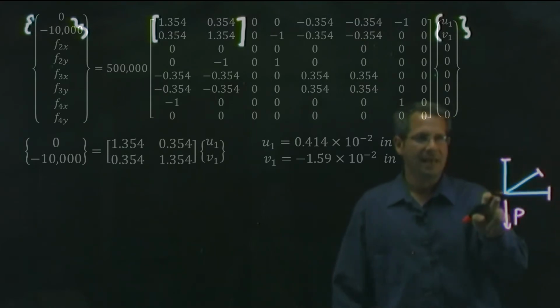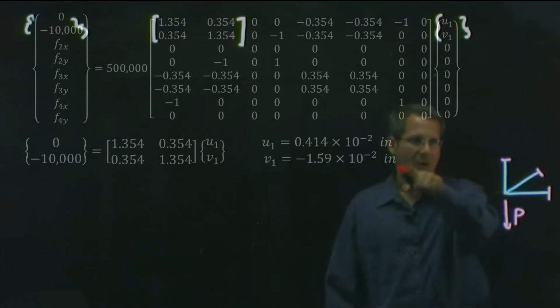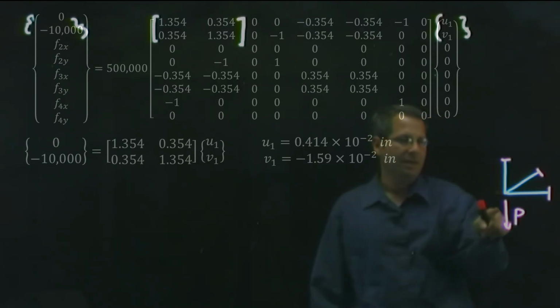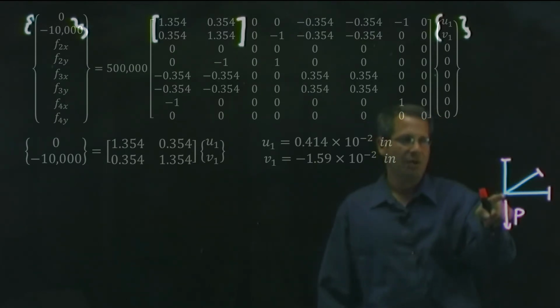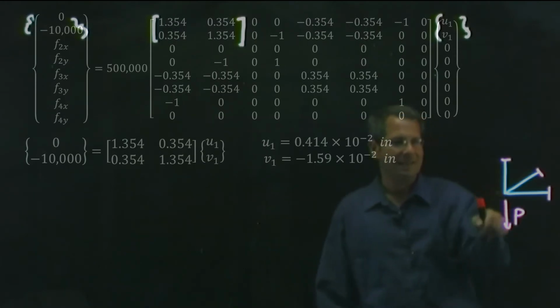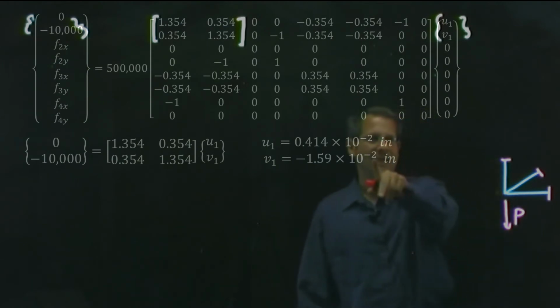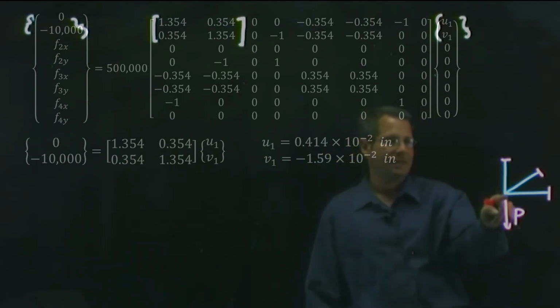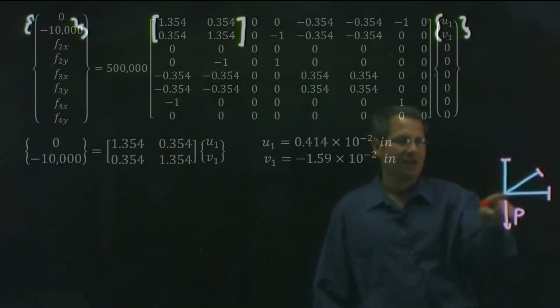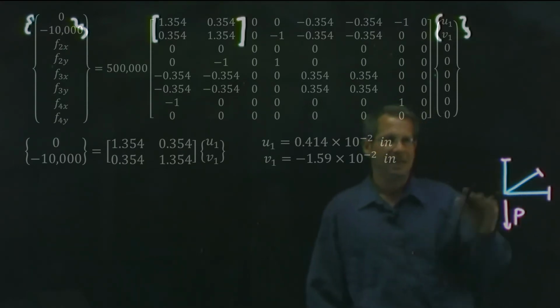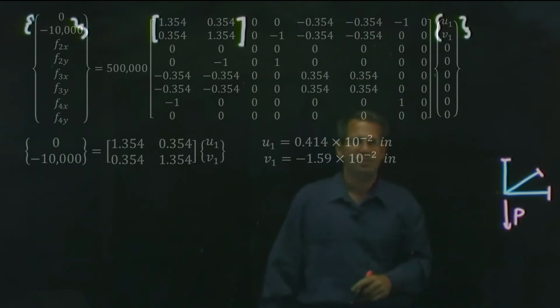Does it make sense that my y displacement for node number 1 would be in the negative y direction? I think it does, because I've got a force pulling it down. It's a little less clear if my displacement in the x direction really would be this way, but it seems to make sense. So far, we seem to be in pretty good shape.